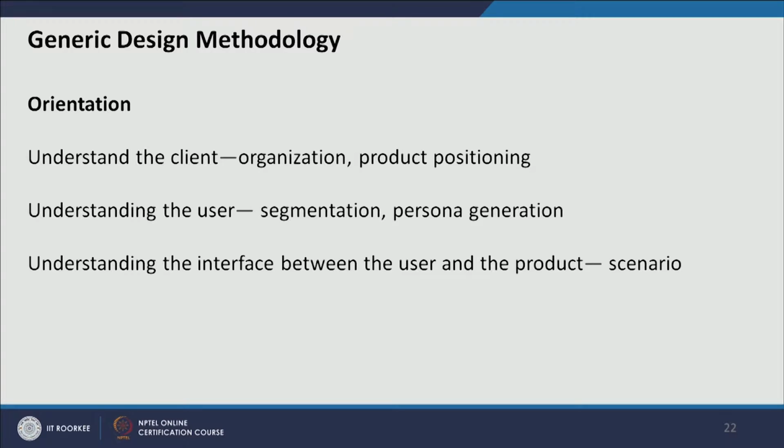So segmentation, persona generation, scenario building and all these things are there. Understanding the scenario will come in the next phase, which is understanding the interface between the user and the product. So first we have to understand the product or the client, then the user, and the interaction between them.